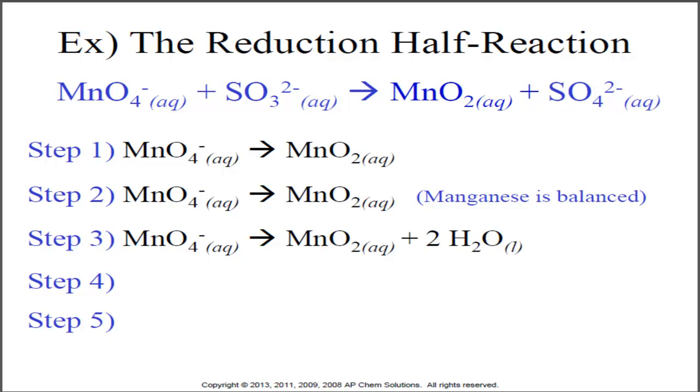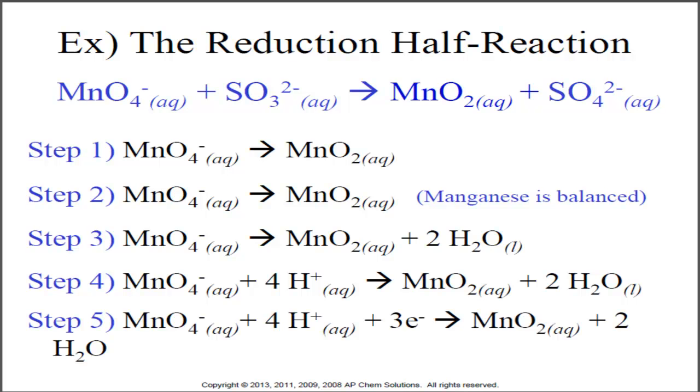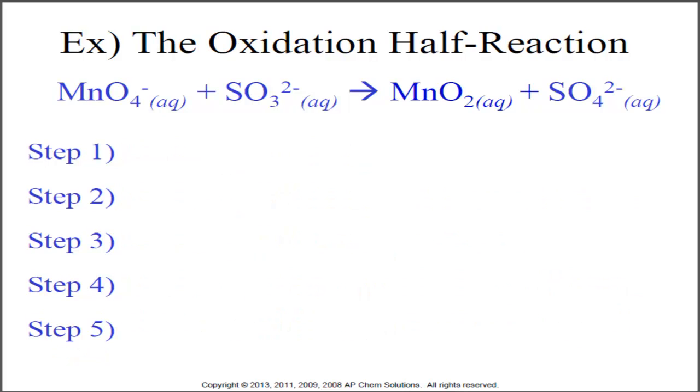Now we're going to balance for hydrogen by adding H+. So we need to add 4 H+ to our reactant side. And then we need to add our electrons. So our electrons are going to be added to our reactants here to balance out the charge, as our product side is neutral here.